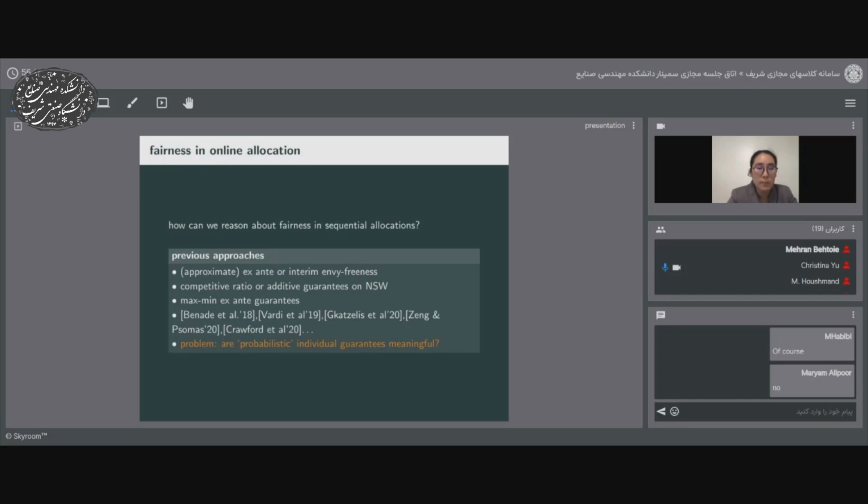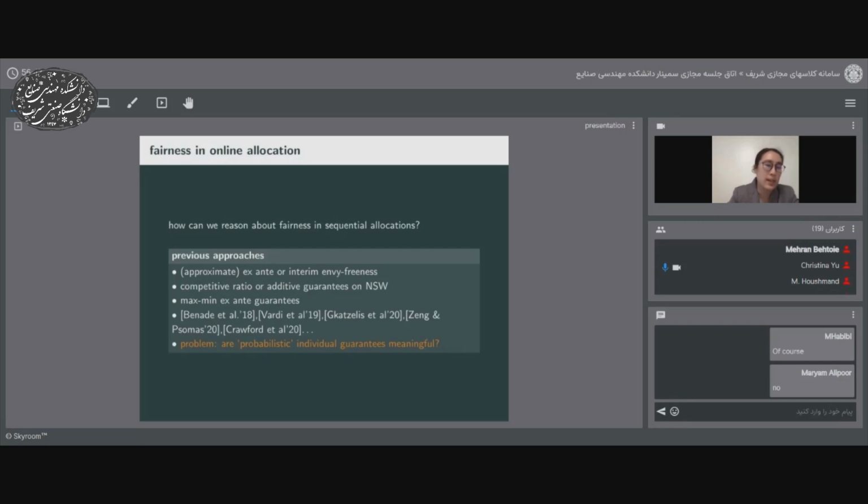The problem with these kinds of guarantees is that these probabilistic guarantees don't end up translating to a notion of ex post fairness. What I mean by ex post fairness is that after the demands are realized and the allocation is made, you can look back in hindsight and ask, was the allocation I gave actually fair?